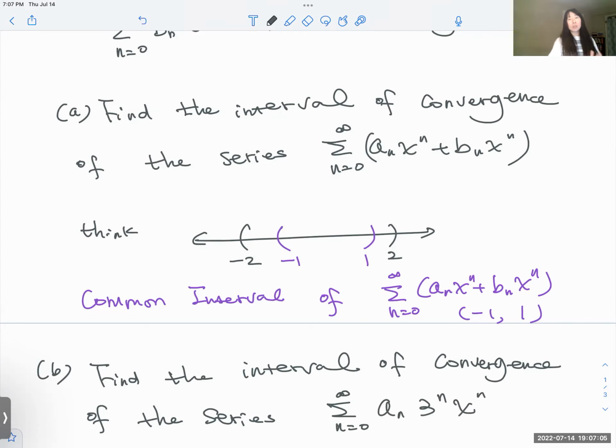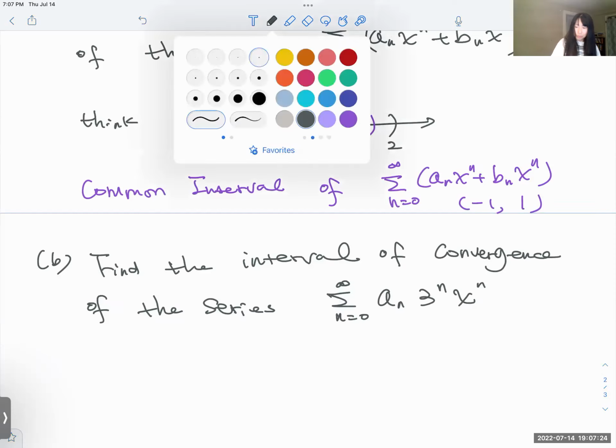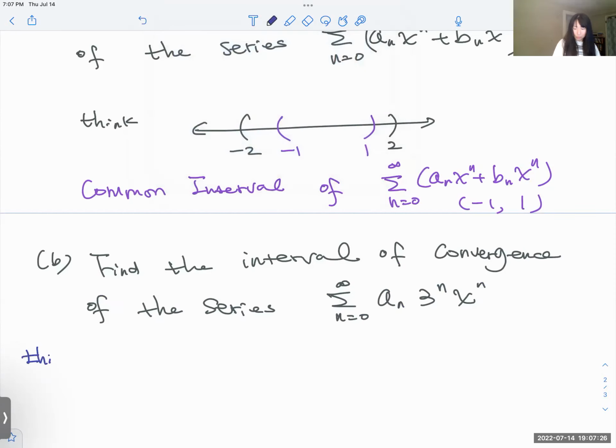All right, so look, we have more than just x there with an n power, right? Okay, then look, we're going to think of the basic power series, right? So what was it? We have x to the n as the basic one, okay?